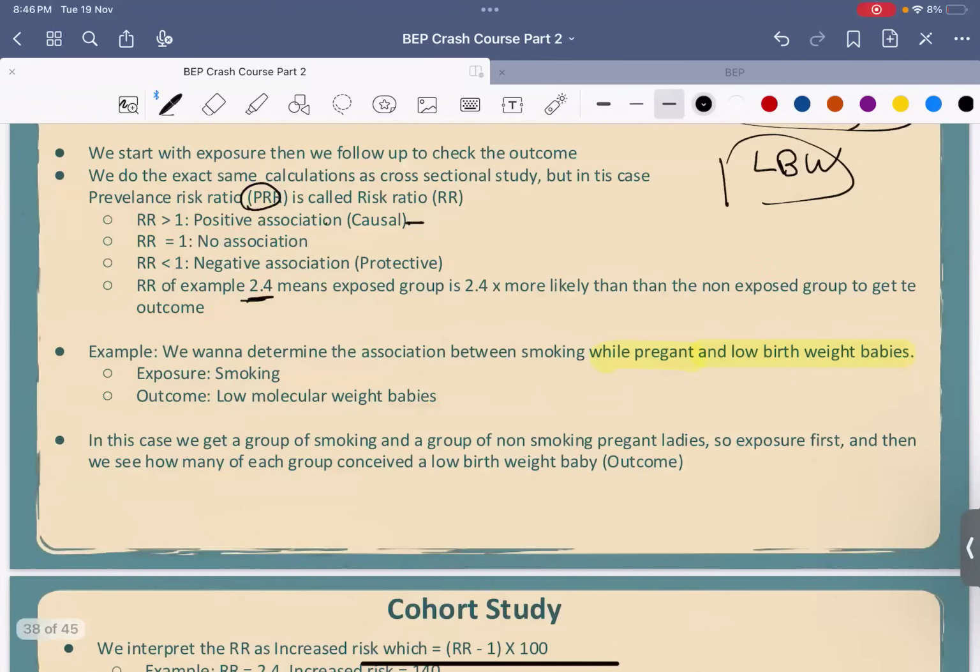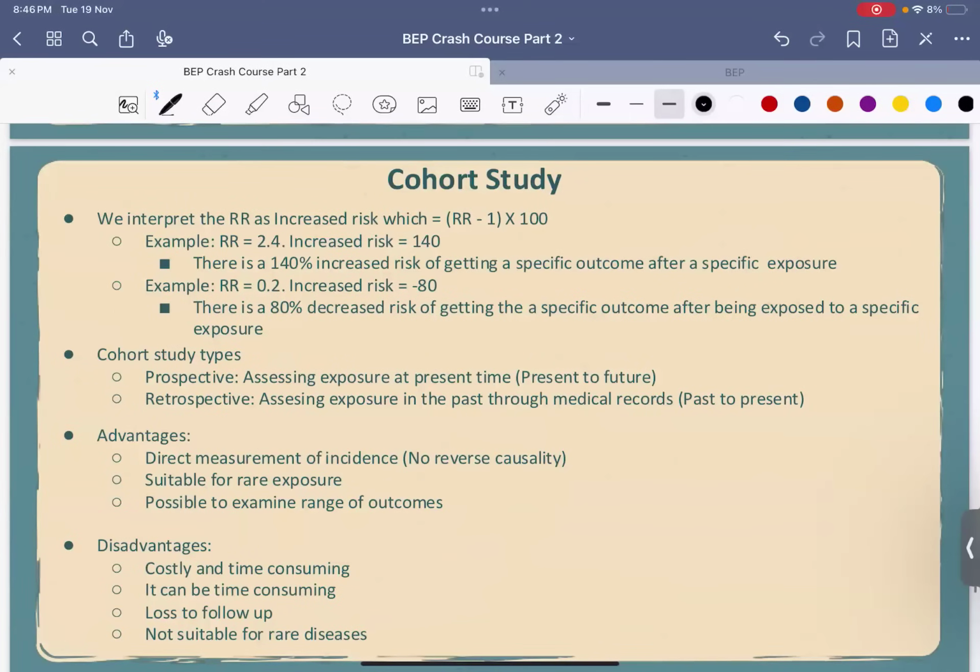So now we're still talking about cohort studies. We don't interpret relative risk as the relative risk. They do give you the relative risks, but we don't write it as a relative risk. We write it as increased risk. What is an increased risk? The equation for increased risk is (relative risk minus 1) times 100. So for example, in that case, we got the relative risk as 2.4.